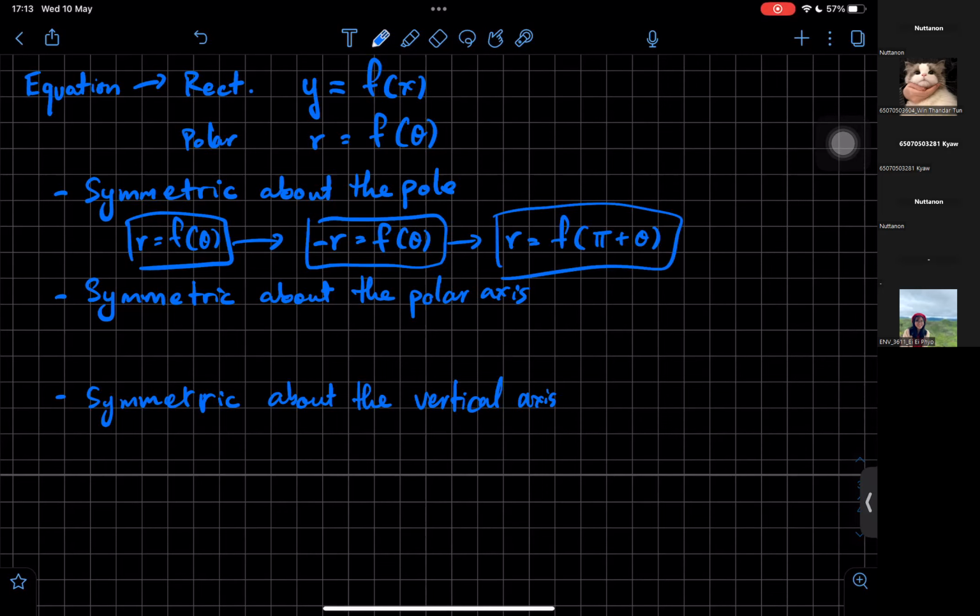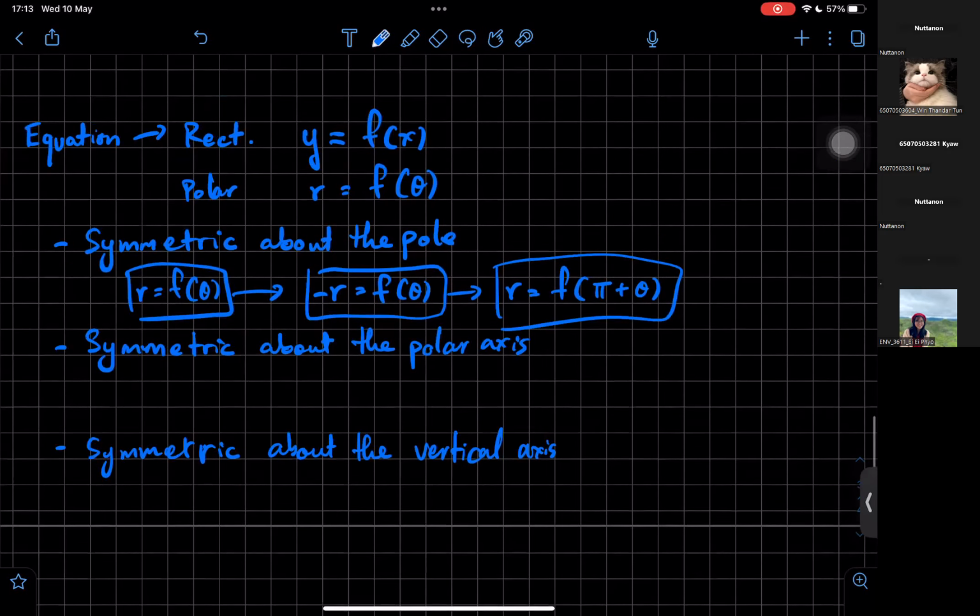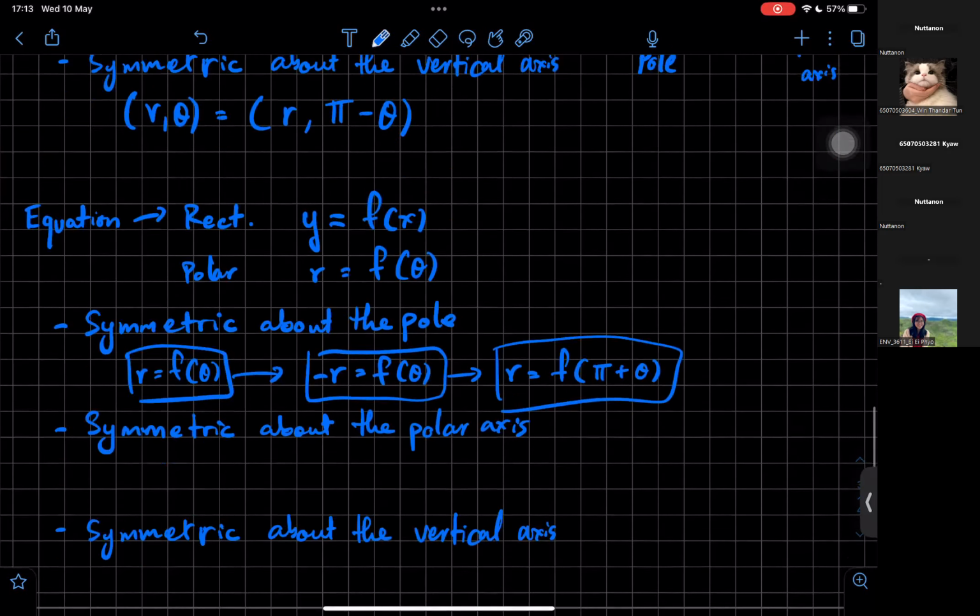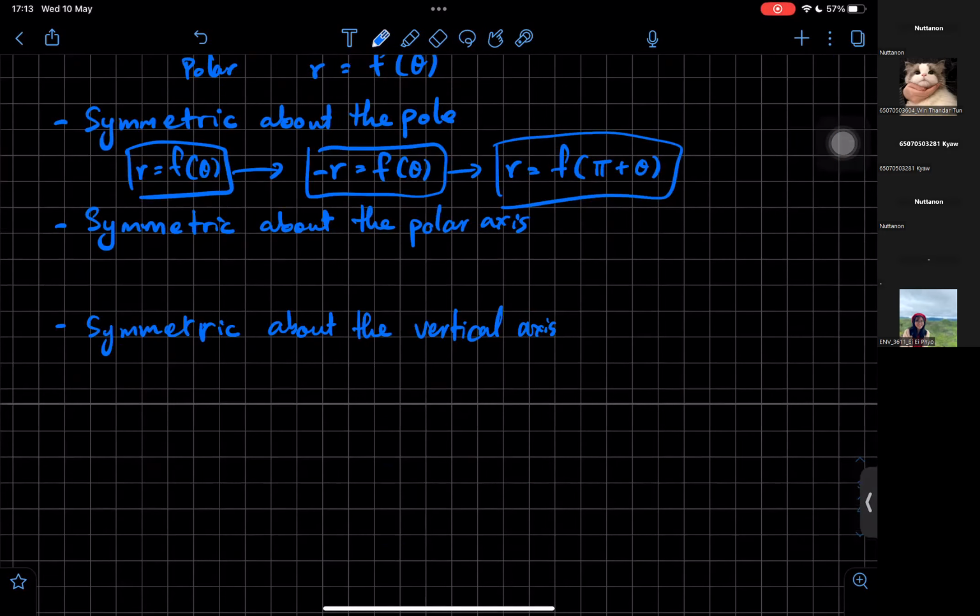If it's about the polar axis, r equal to f of theta will be r equal to f of minus theta.